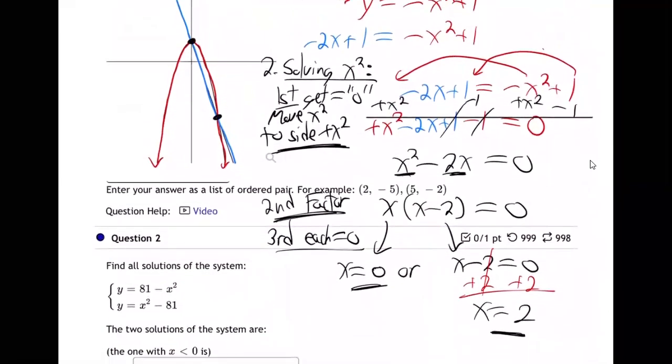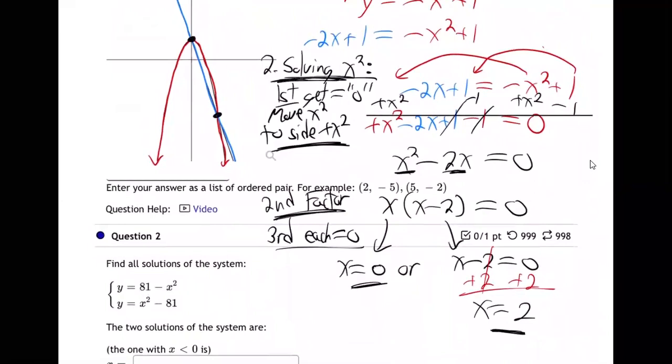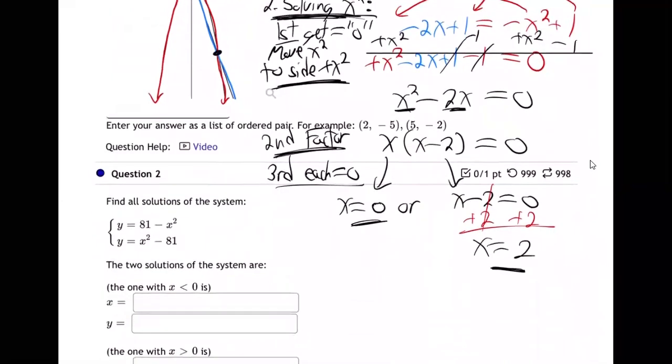Well, up here, step 2 was solving for x squared.